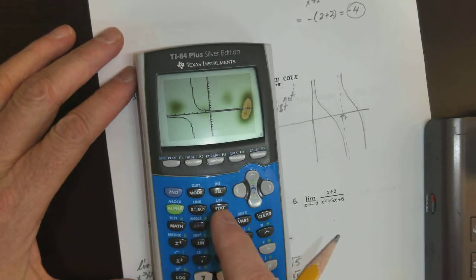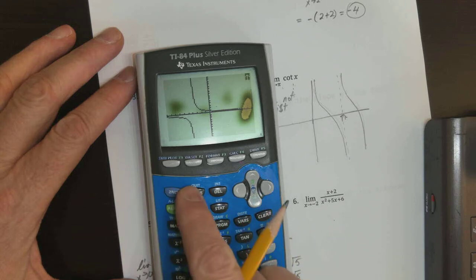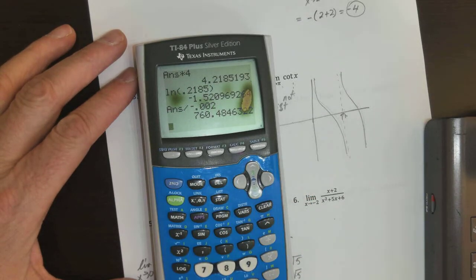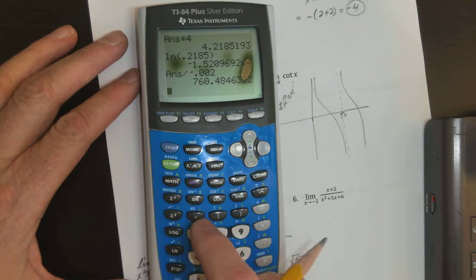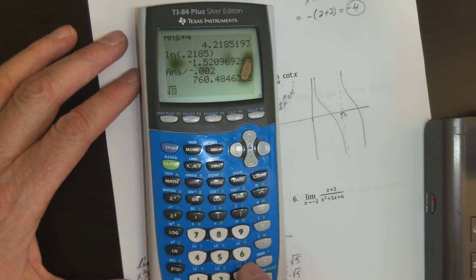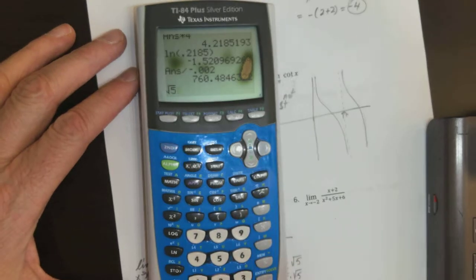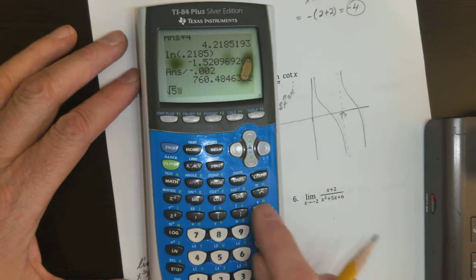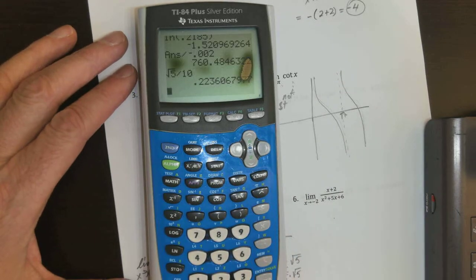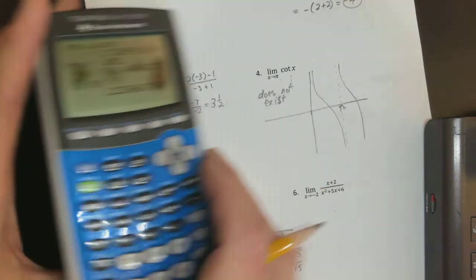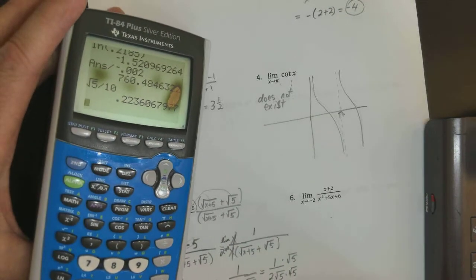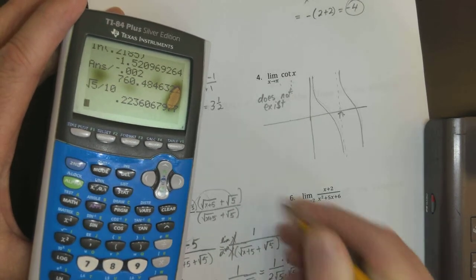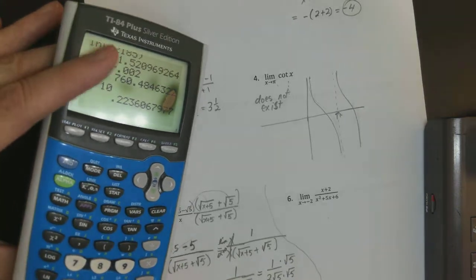Let's quit out of this and pick the square root of 5 divided by 10. Approximately 0.224. Okay.